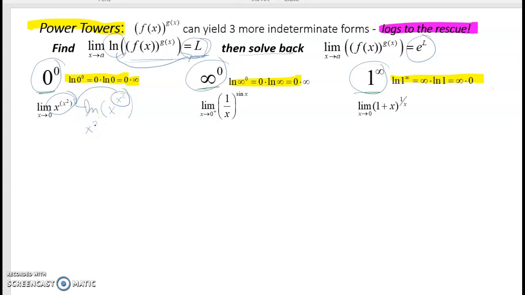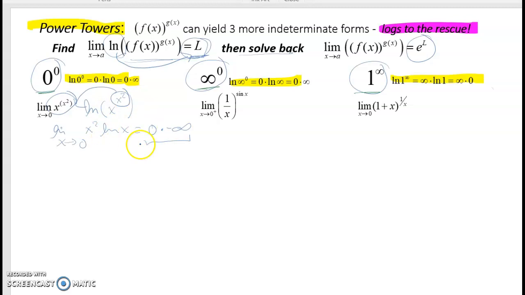That turns into x squared times ln of x. Now we're looking at the limit of that as x goes to 0, and we get 0 times negative infinity. We know how to deal with that because every function of this form can easily be changed into a ratio of 0 over 0 or infinity over infinity.